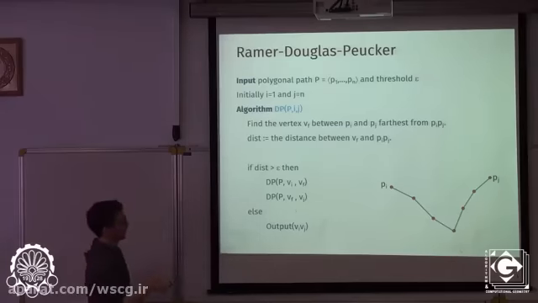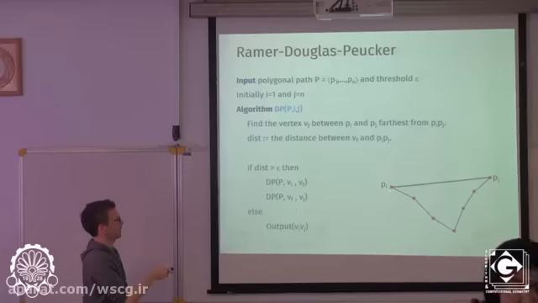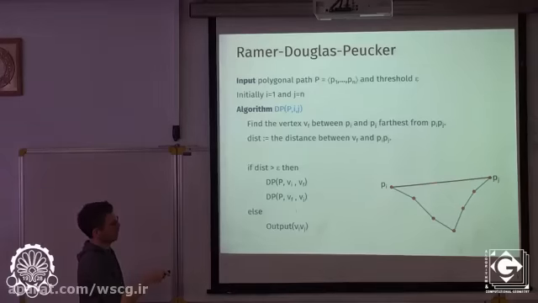We have a polygonal curve, which starts and ends somewhere. Essentially the question is whether this curve is sufficiently close to this line segment to simply replace the curve by this line segment.